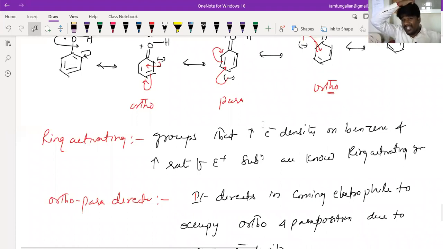If, in the presence of a group on benzene, the benzene attains a negative charge, that is, the electron density increases, then you call it a ring activating group. If any group withdraws electrons from the benzene ring and gives a positive charge to the ring, they are said to be electron withdrawing and ring deactivating groups, and they are meta directors. This is the meaning of ortho, para, and meta directors: ring activating and ring deactivating.